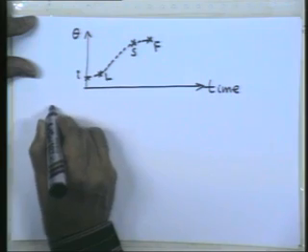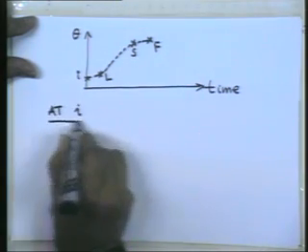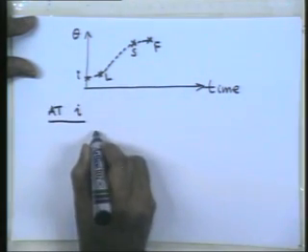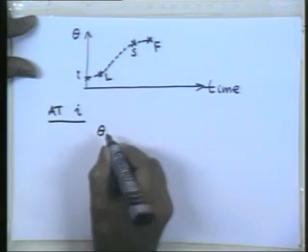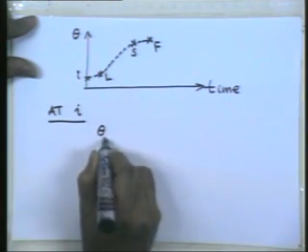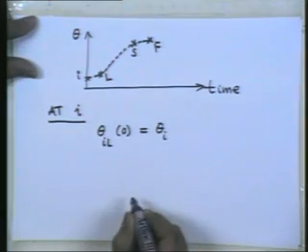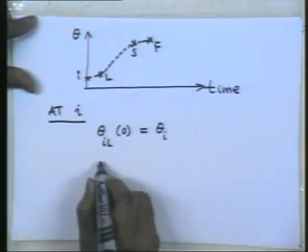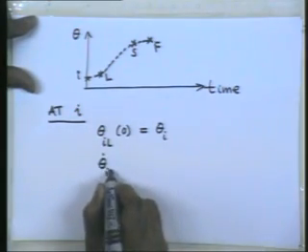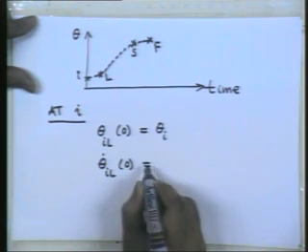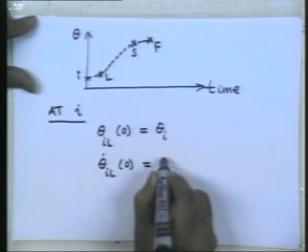So we are talking about the initial position at I. You can have initial position specified. So position, theta IL of 0 is theta I. Theta dot IL of 0 is theta I dot.